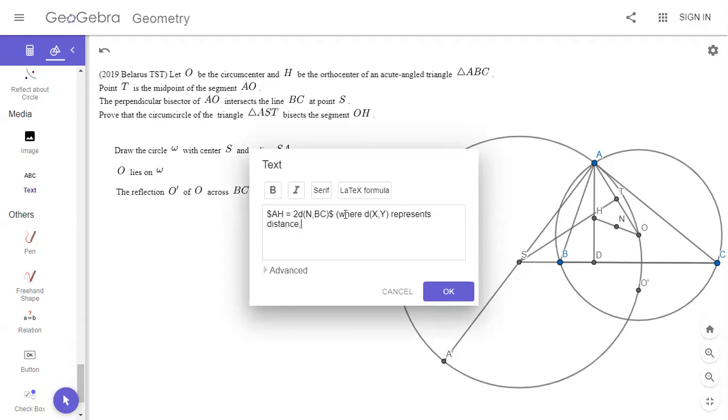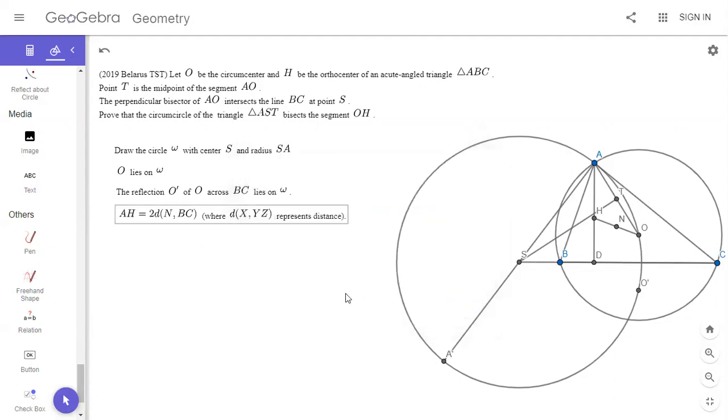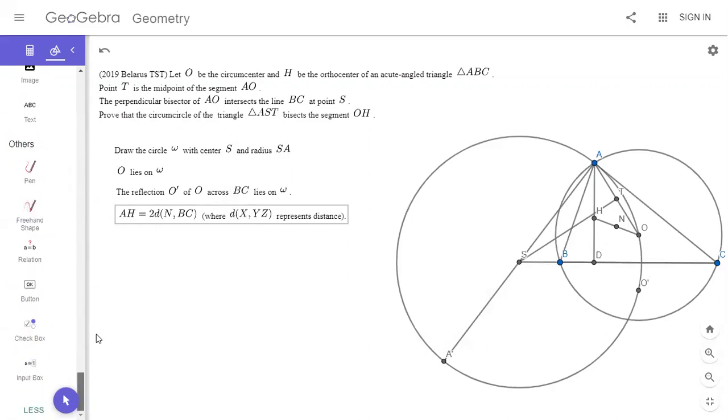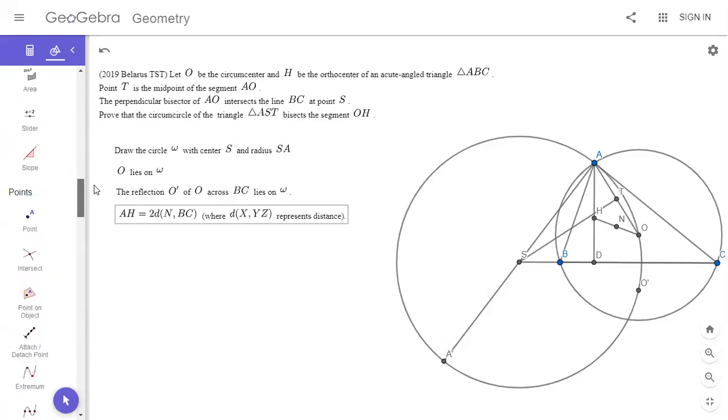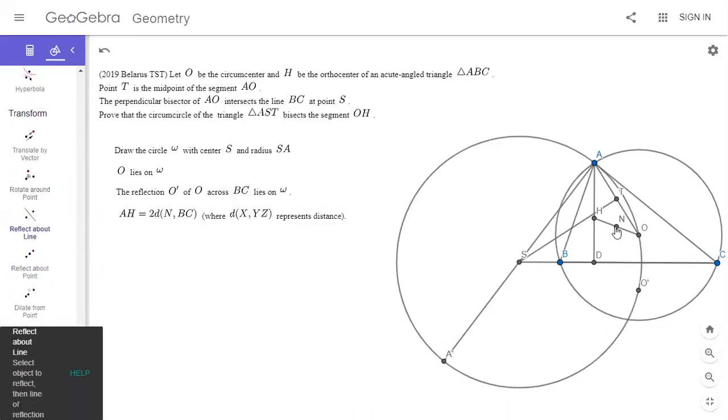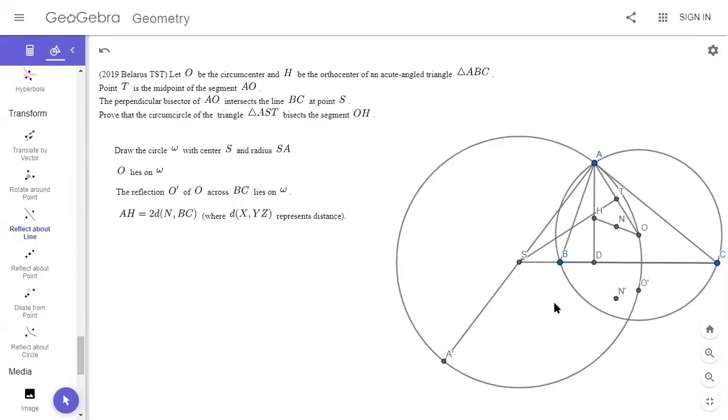All right. Oops. All right. And so the reflection of N over BC, I'm gonna draw that in. Where's my reflection? Oh, I'm sorry.